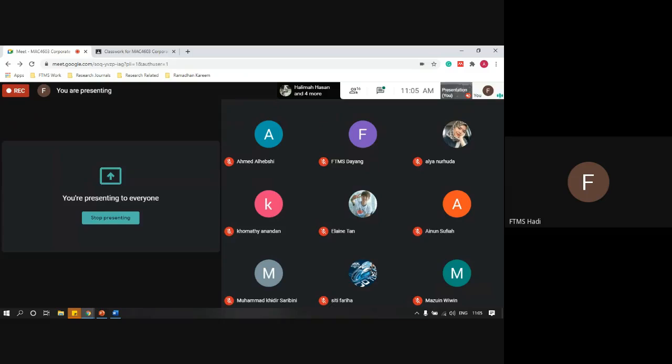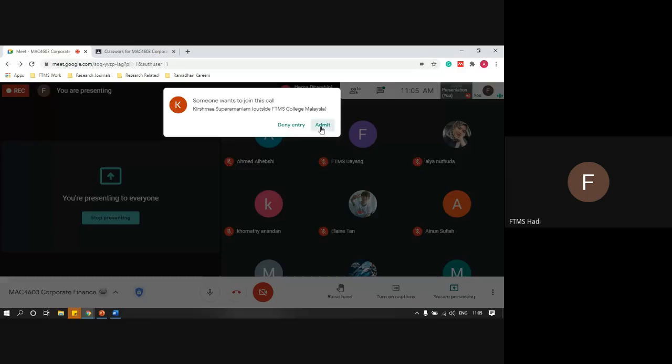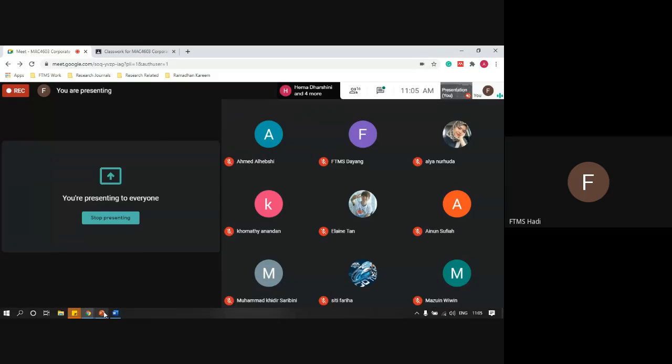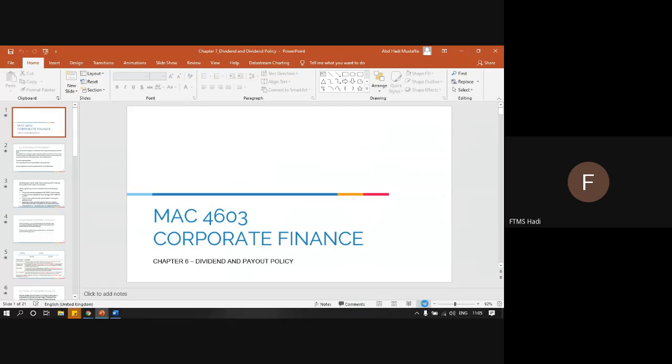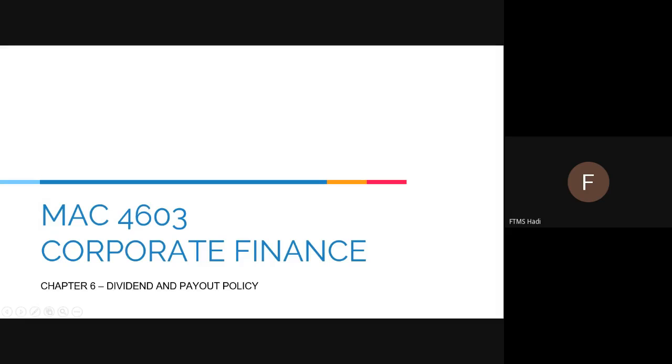Today's agenda will be chapter 7. We still have another three chapters to go, including this one. This chapter is quite complicated in terms of the workings, because most of the marks in this chapter are on workings. So you need to show the workings in order to get your desired answer.